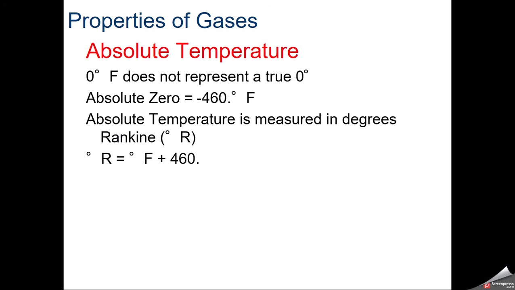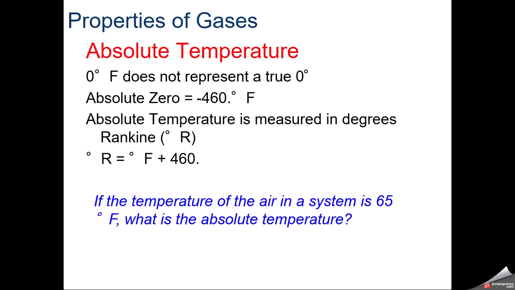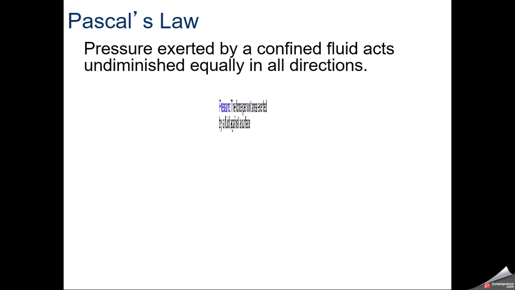To calculate Rankine, we take the Fahrenheit temperature plus 460 and plug that into the formulas that need it. So if the temperature is 65 degrees Fahrenheit, absolute is 65 plus 460, which gives us 525 Rankine. Our equations should be using the absolute temperature.